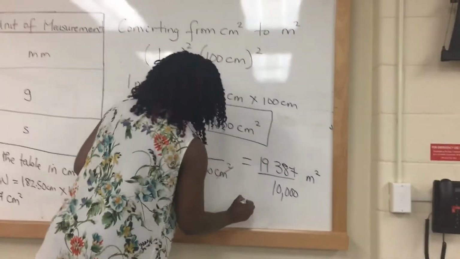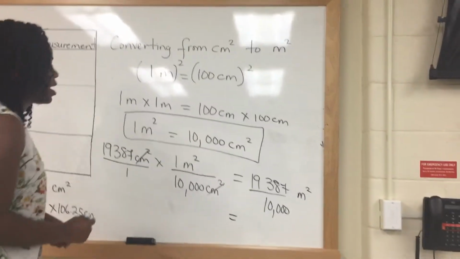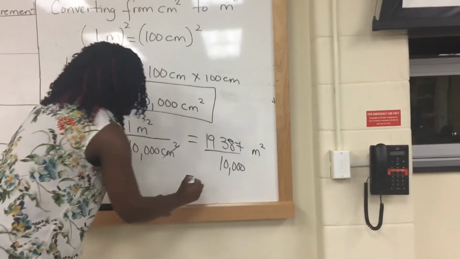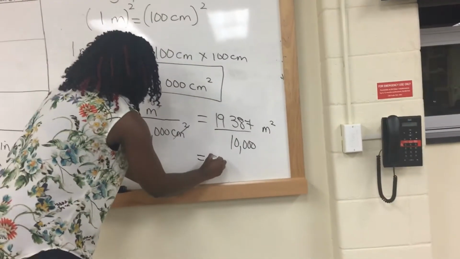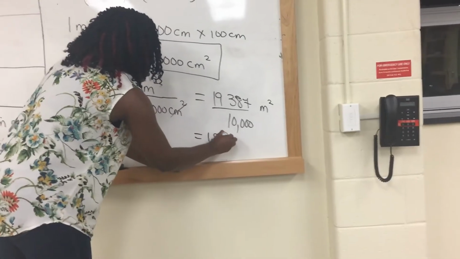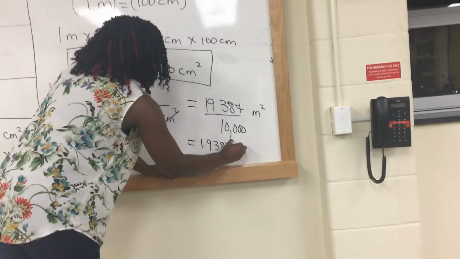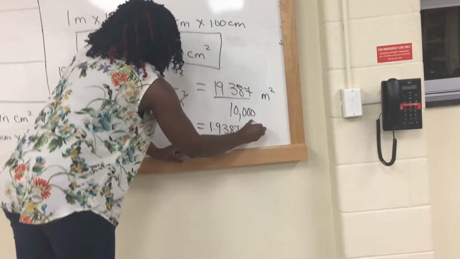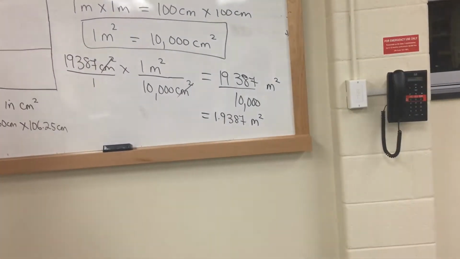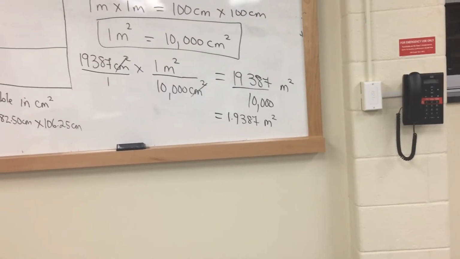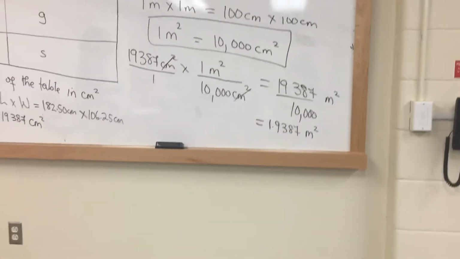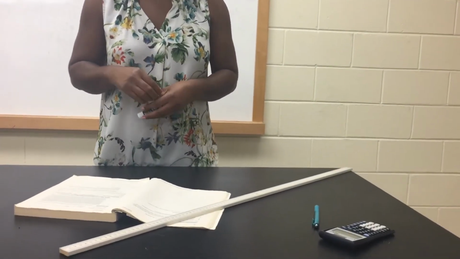So let's do that division and see what we have. When we do the division, we should have 1.9387 square meters. All right, so we've completed step 1 of our experiment.